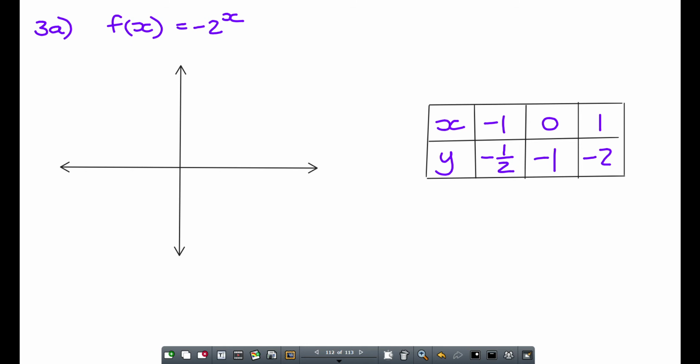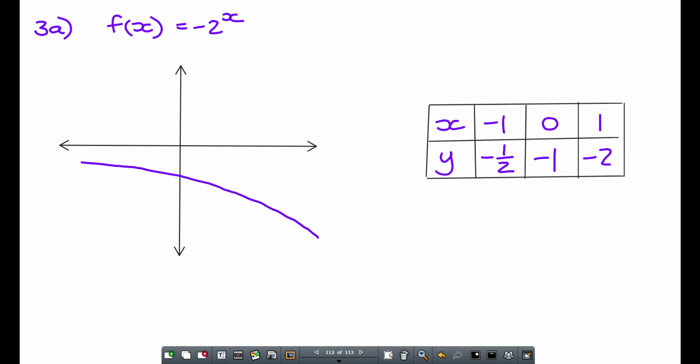Okay, so kom ons plot net gou eers daai punte. So over here, if x is minus 1, my y value was minus a half.